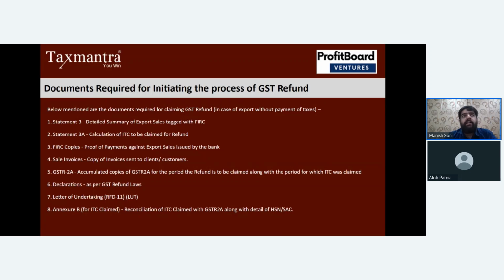And all the details have to be given with HSN codes. So if there is any service code, you need to provide a service code for that particular transaction for which you are availing that input. And in case you have purchased any capital goods or any other asset, then you need to provide the details over there via HSN or SAC.